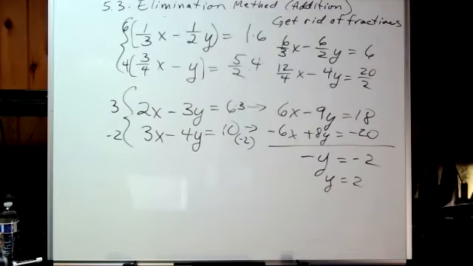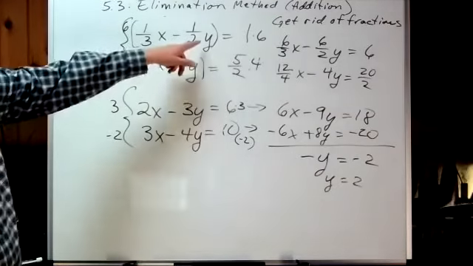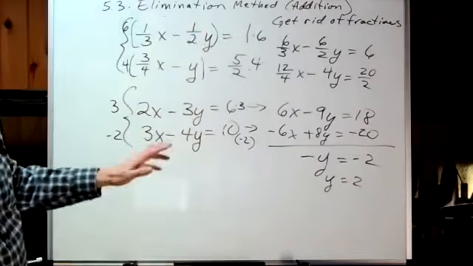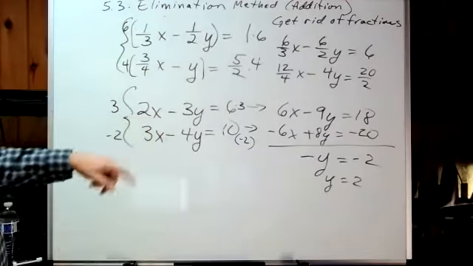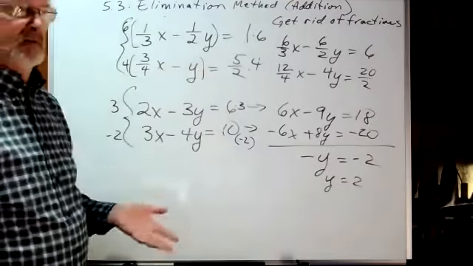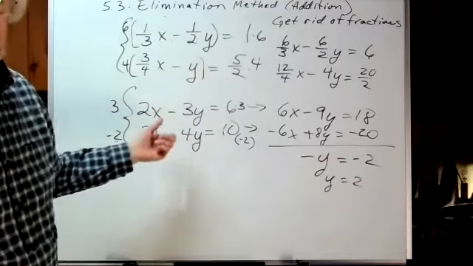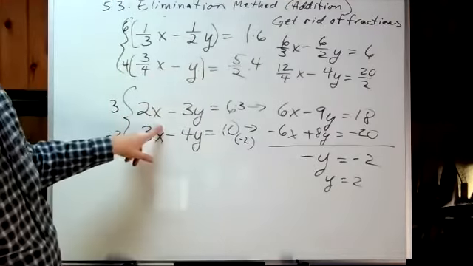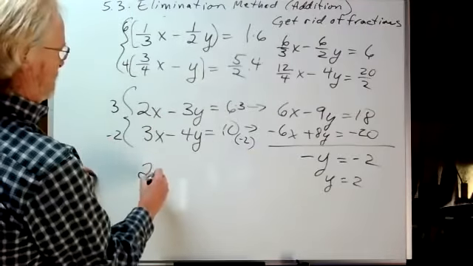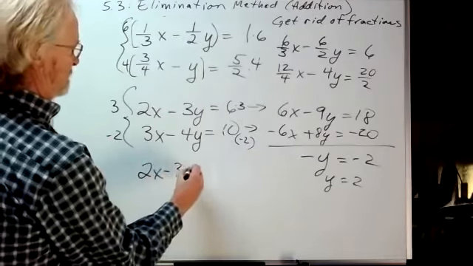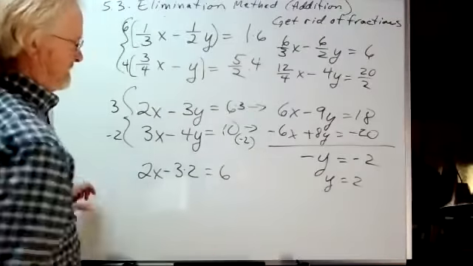Right. Now I have to find the x value. Well, it wouldn't be too tough. I could put it in 1/2 times 2, but I don't need to use the fractions. I could use one of these. It's an equivalent equation. I would suggest that, right? Let's use one of these where we already got rid of the fractions. So if y is 2, let's say 2x minus 3 times 2 is 6.